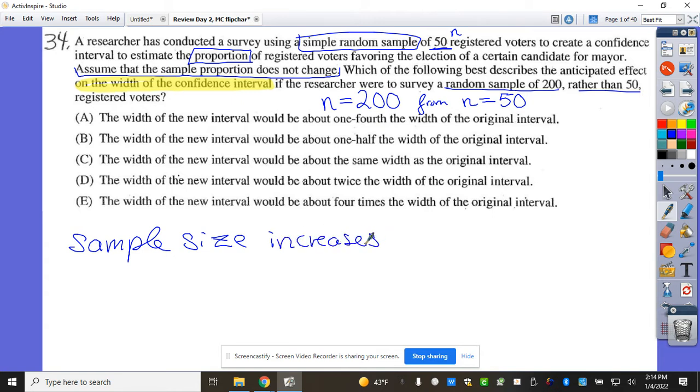There should be one thing that you could say definitely immediately when I say sample size increases. As sample size increases, what the problem is asking? Confidence level decreases. The width does what? Decrease.